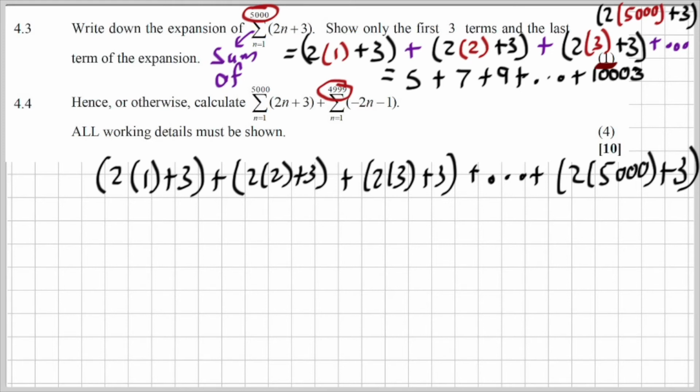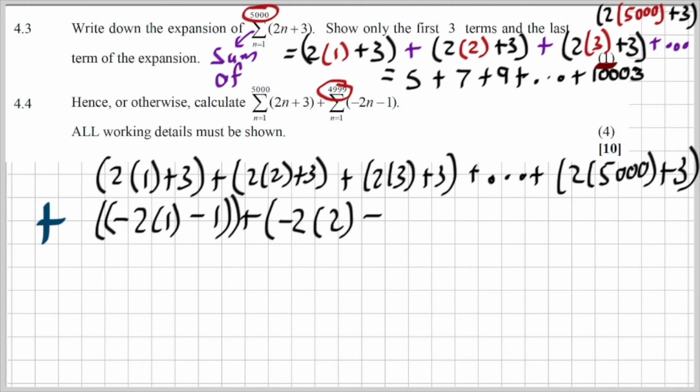Now they're asking me to add to that the second one. So I'm going to handle them separately from one another. Basically, the top row is exactly 4.3. Then I'm going to go to the bottom one and I'm going to have the second sigma.